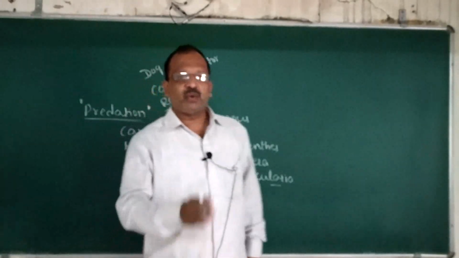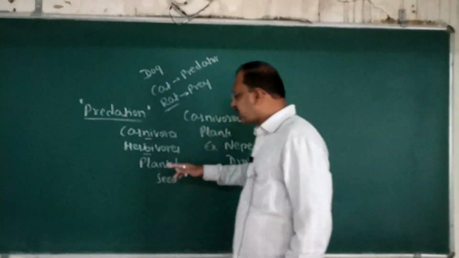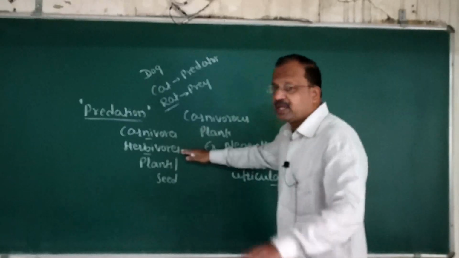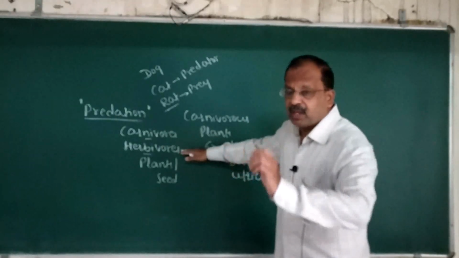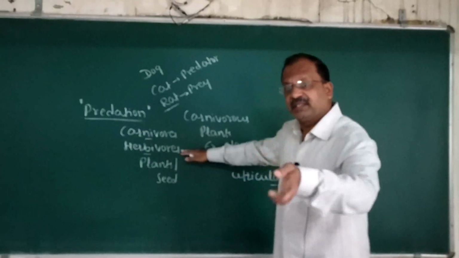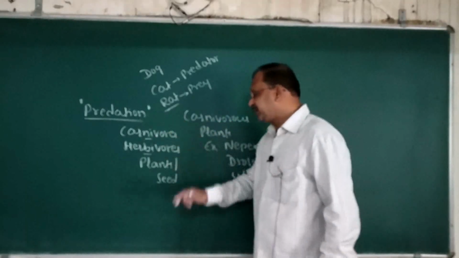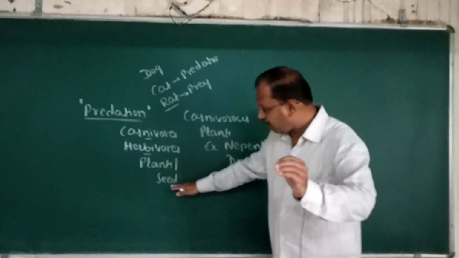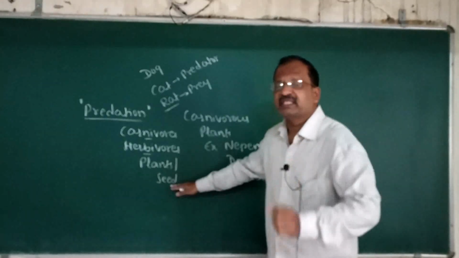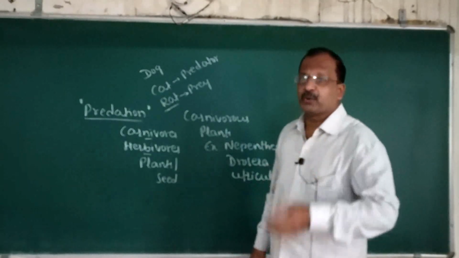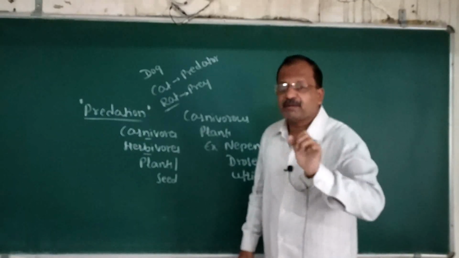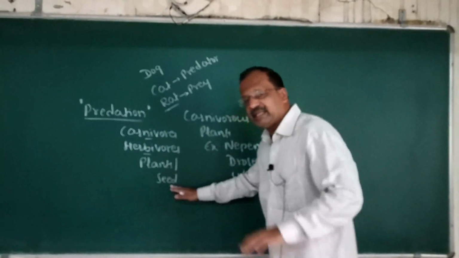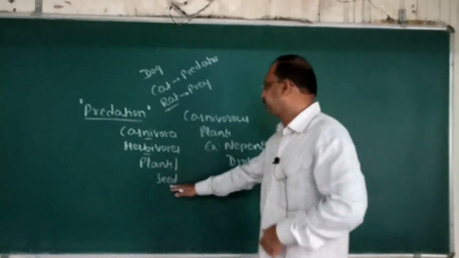I'll provide you one example for an organism which will destroy the seeds. House sparrow is in one way a predator because it will destroy the seeds.